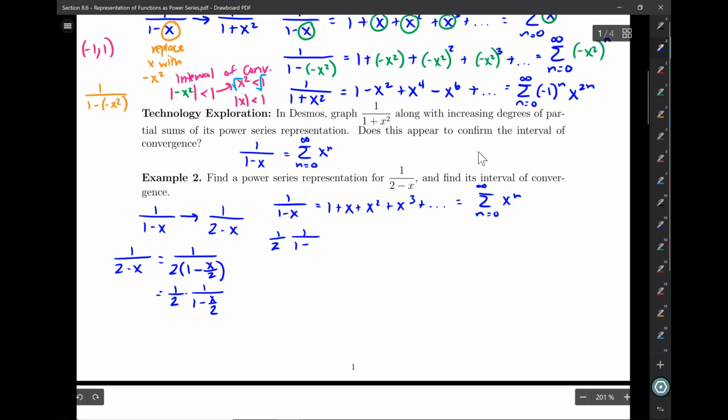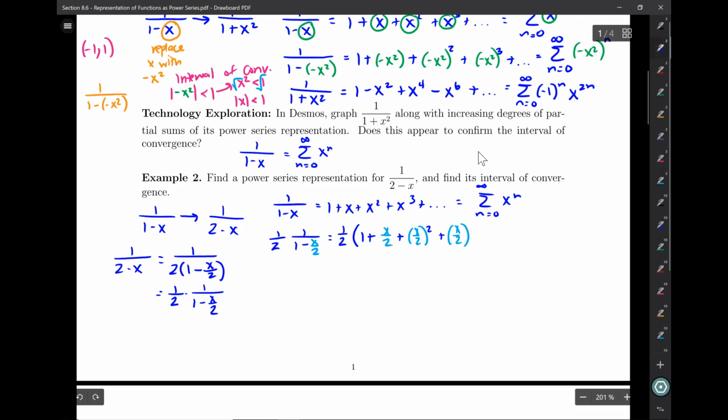So we're going to go ahead and replace the x with x over 2, and we are also going to multiply through by a 1/2. I think I'll go ahead and write it this way. 1/2, so I'm multiplying both sides of this equation with 1/2, and then I'm going to replace all of the x's with x over 2. 1 plus x over 2 plus x over 2 squared plus x over 2 cubed.